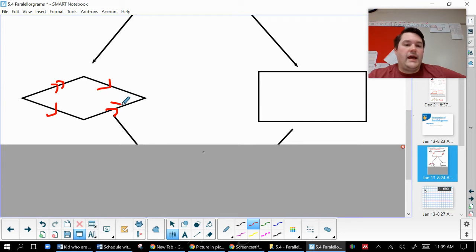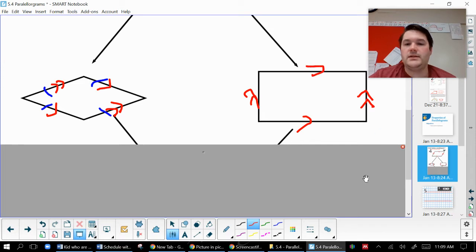What a rhombus adds on top of that is equal sides. All four are equal. And what a rectangle adds on top of that, sorry, I'm doing a terrible job of writing these on here. Besides the parallel sides, rectangles also have 90-degree angles.